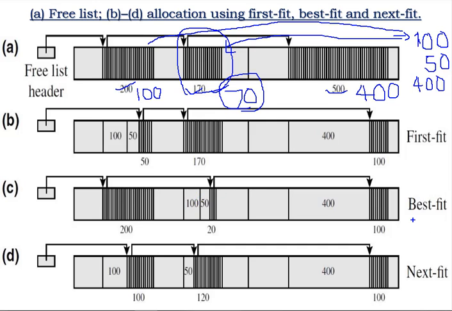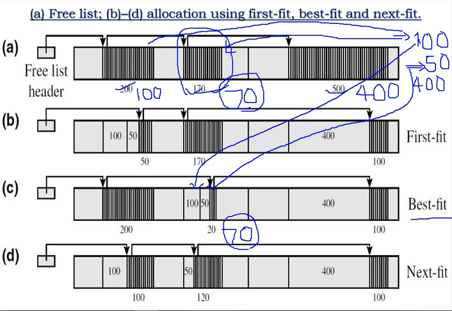So in best fit, we have allocated these 100 bytes to the second block, leaving 70 bytes. The next process requires 50 bytes, which can easily be allocated in these 70 bytes, so it is allocated to the second block itself.